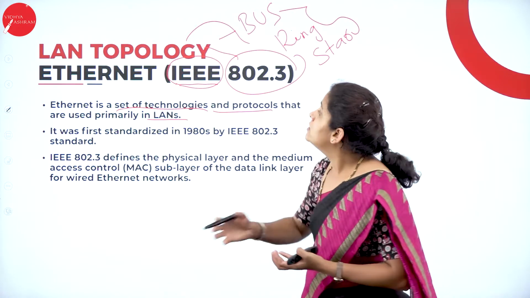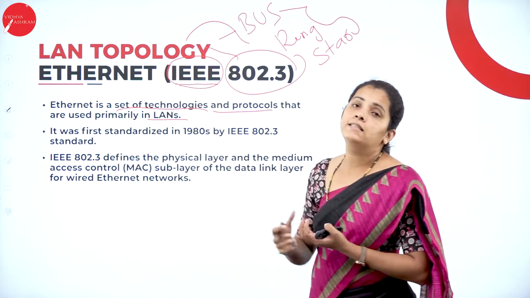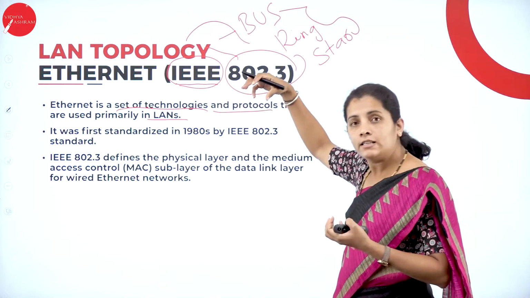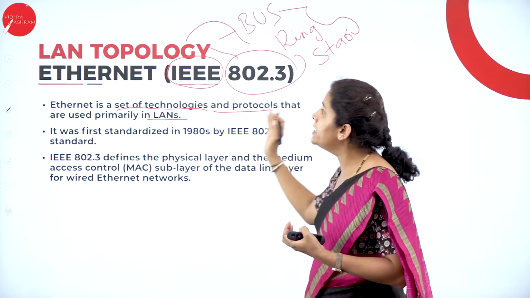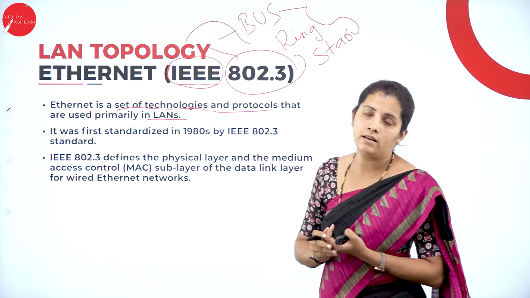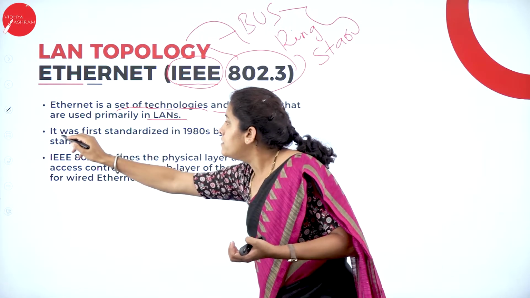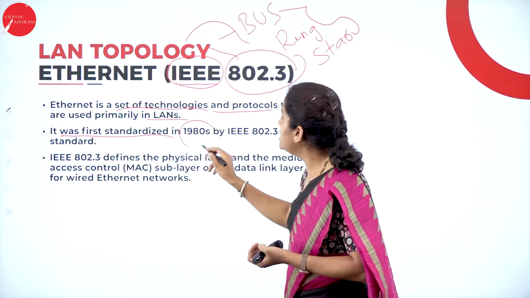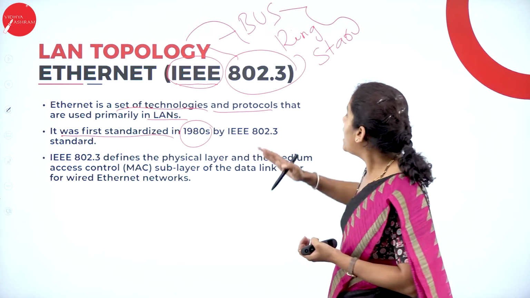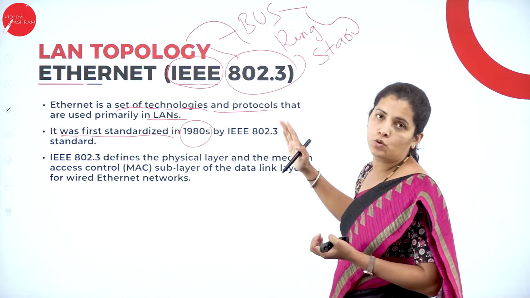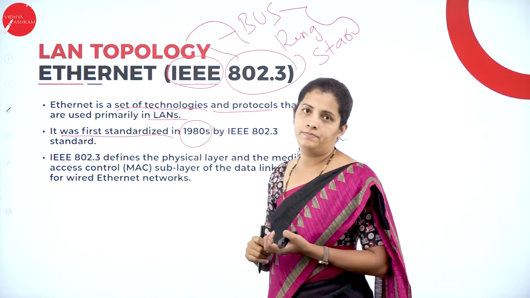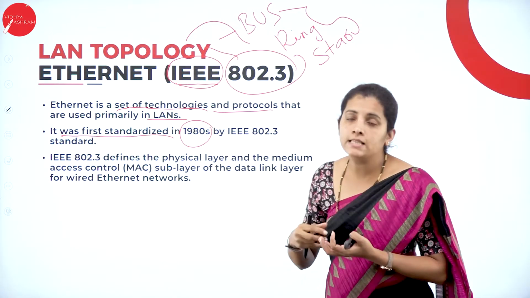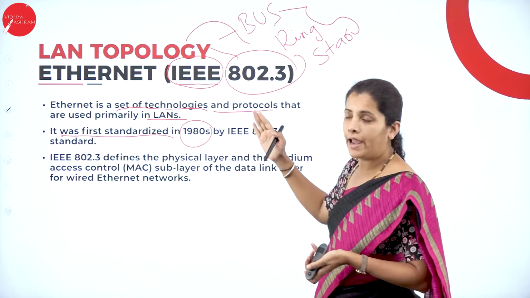Ethernet is a standard or technology and a protocol, mainly designed for your LAN. It was first standardized in the year 1980 by the IEEE 802.3 standard.